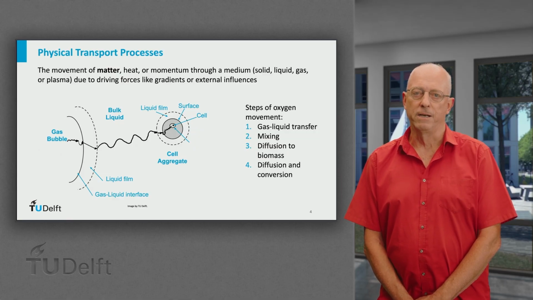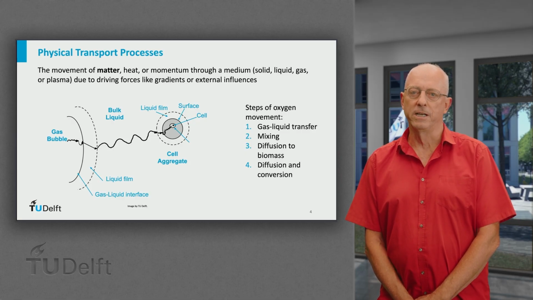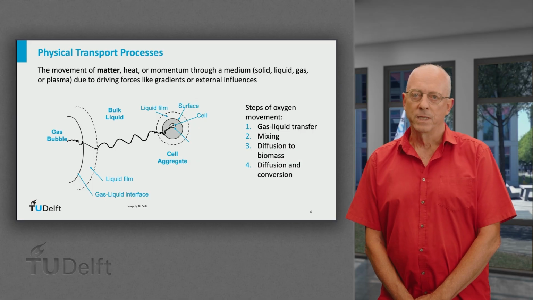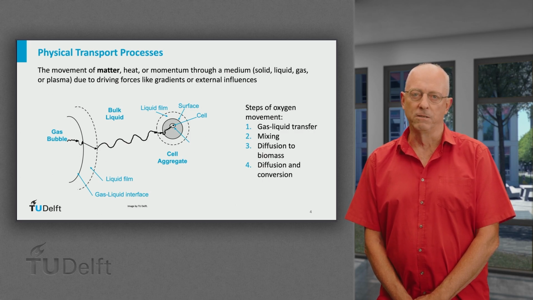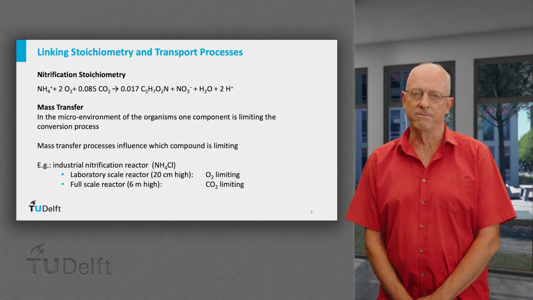If the microenvironment in a full-scale reactor matches the microenvironment of the laboratory conditions, bacteria will behave consistently. If not, differences in transport processes are often the culprit for the difference. This is why understanding these steps is critical for scaling up processes effectively.